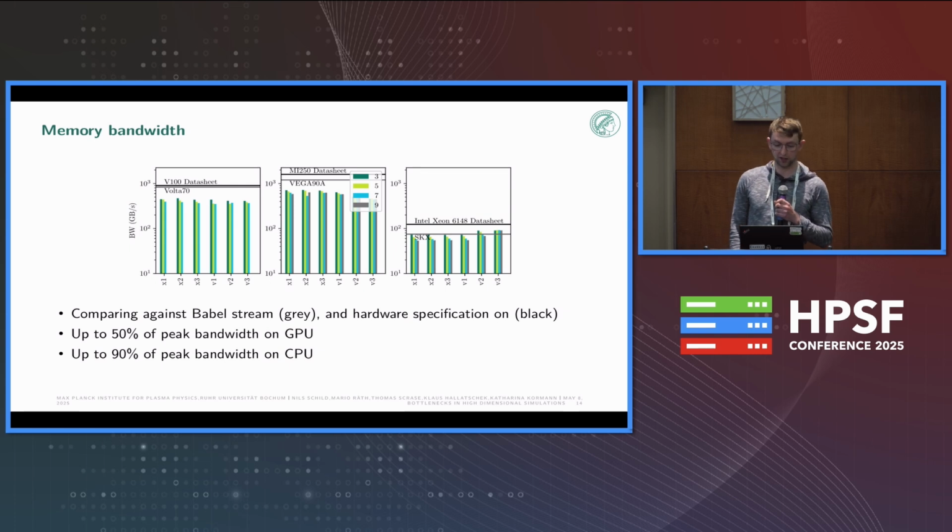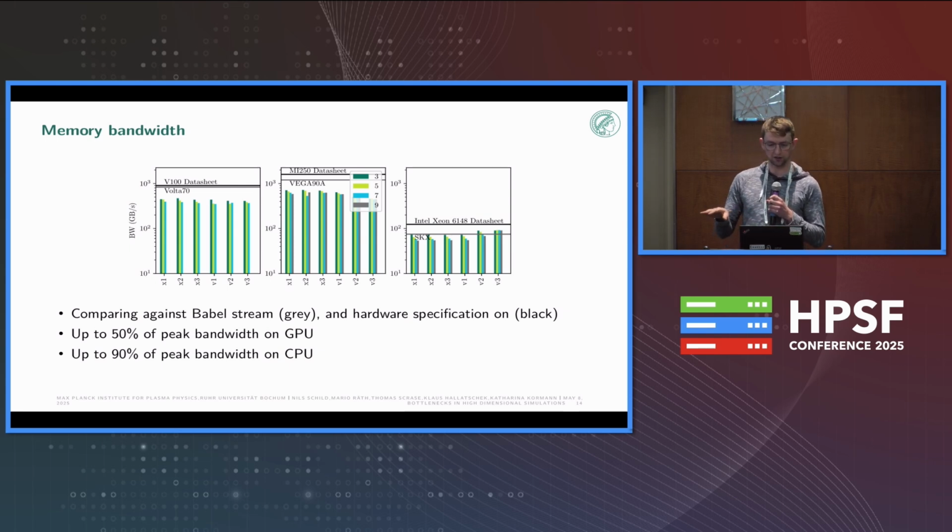We compared against the black lines, which are hardware specifications, and a simple BabelStream, which we compile and then run. And what we can see is on CPU, we can utilize the given bandwidth quite well, since we are memory bound in our computation.